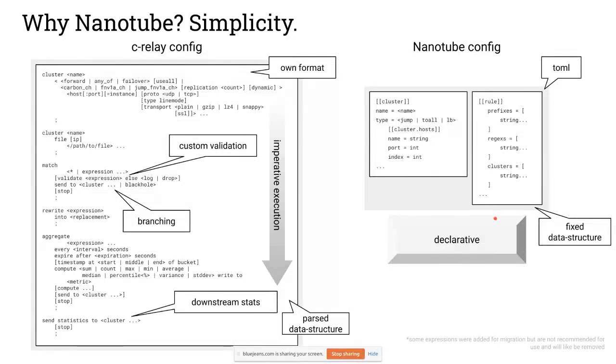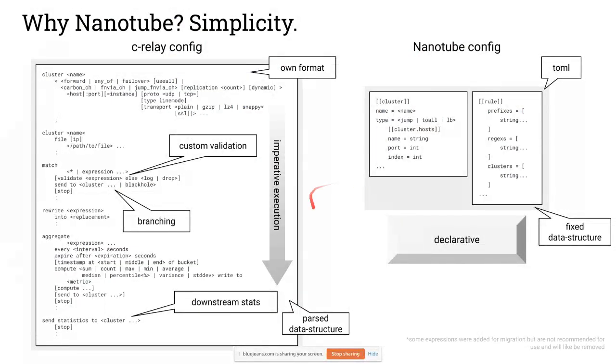Having a declarative config makes it much harder to make mistakes, so the reliability goes up, and it's also much easier to work with. It's also much easier to work with because it's TOML. So it's easy to parse, easy to validate, comfortable to work with.